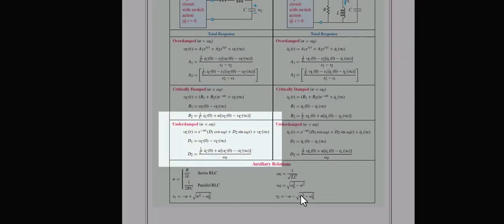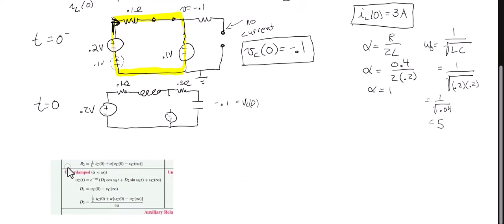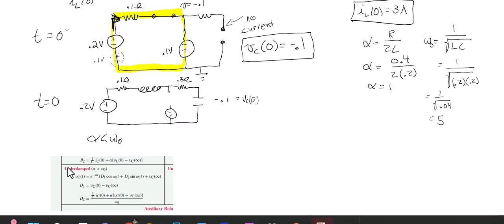alpha is less than omega naught, so this is underdamped. And so I'll be working with these equations right here, I see that I also need to have omega d.